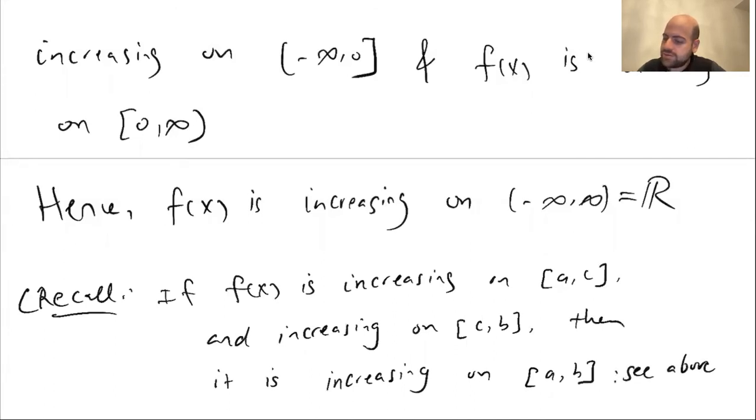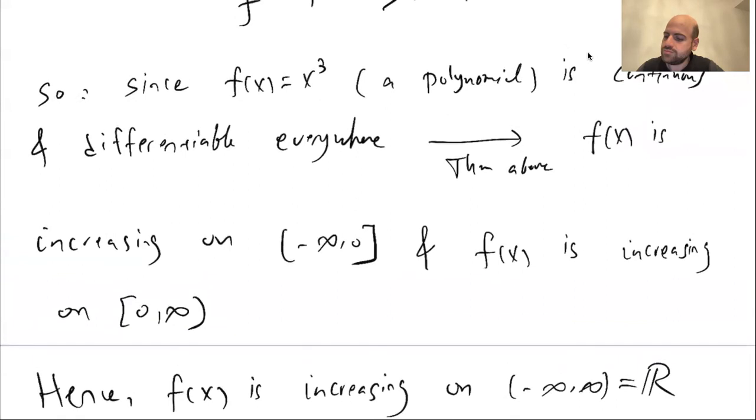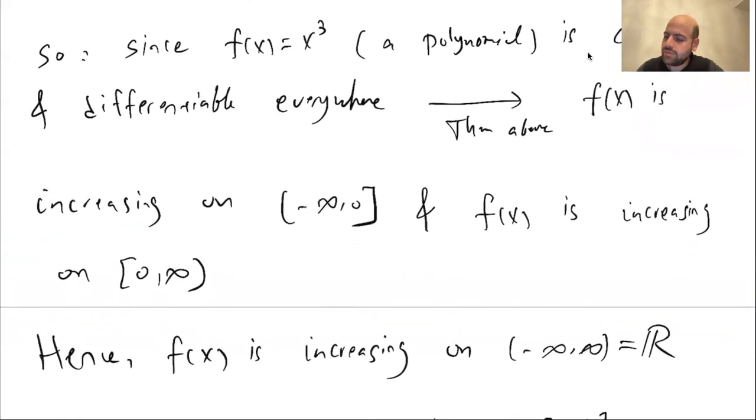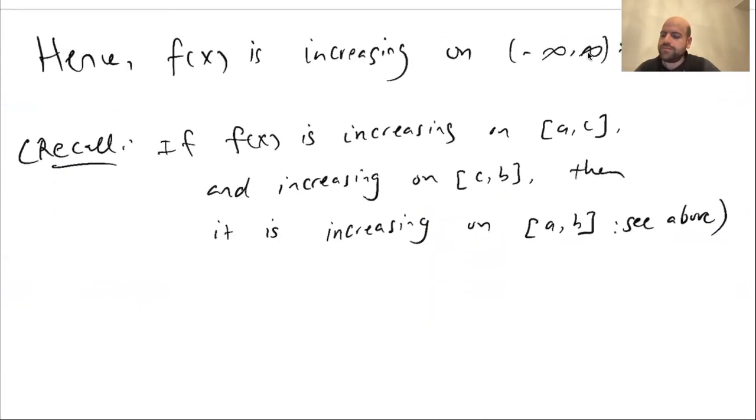One of the examples we did today, we proved this, right? So based on this, if f is increasing on minus infinity to 0 and increasing on 0 to infinity, then it will be increasing on minus infinity to infinity. Okay. So let's do some more examples.